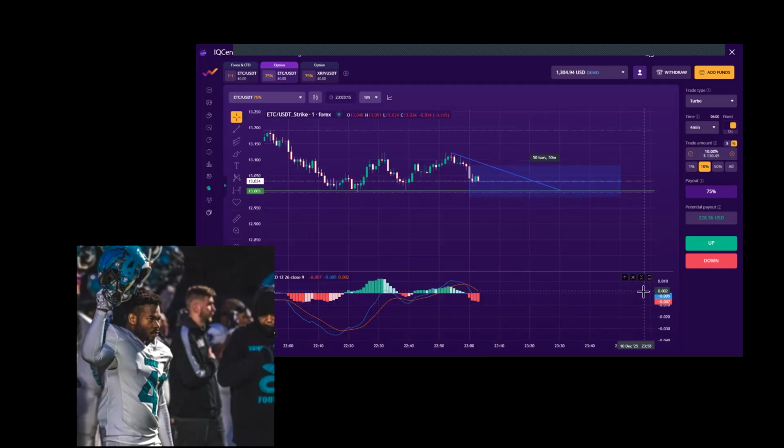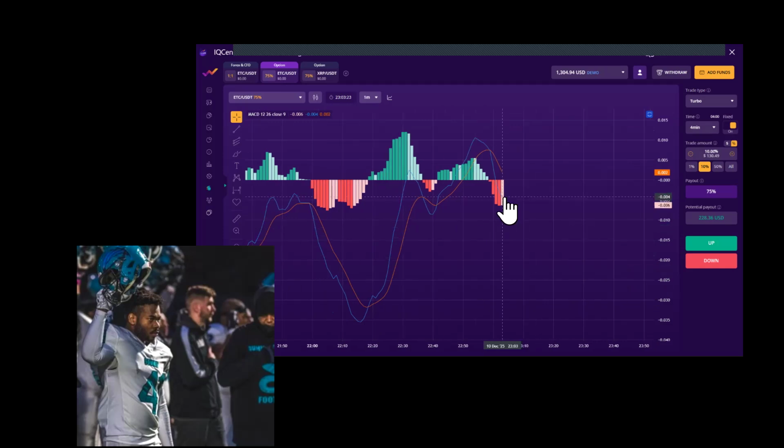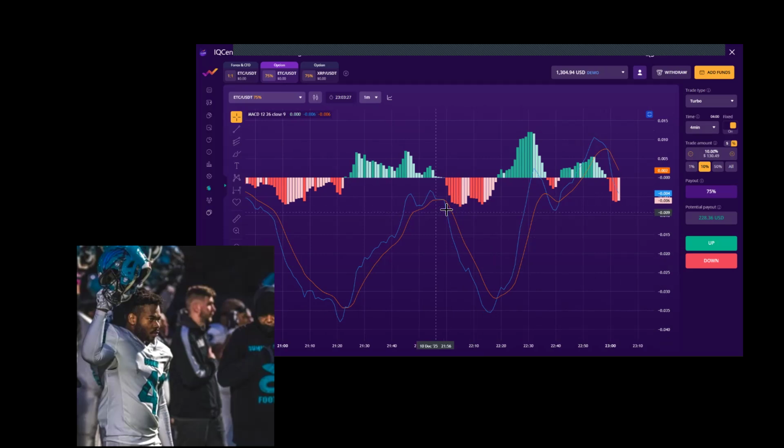and as we wait for that, I'll show you this. So pertaining to the MACD, see where these lines cross? That serves as a buy or sell signal as well. So this blue line is the chart.